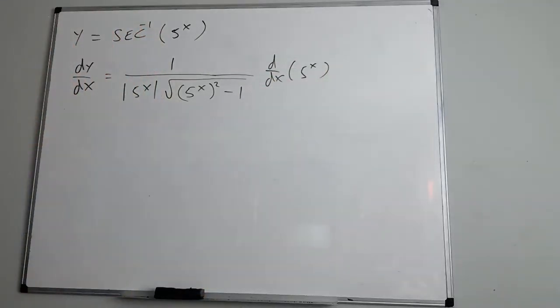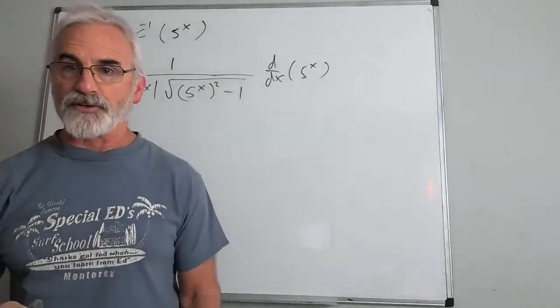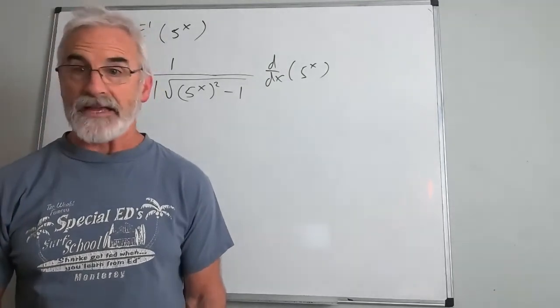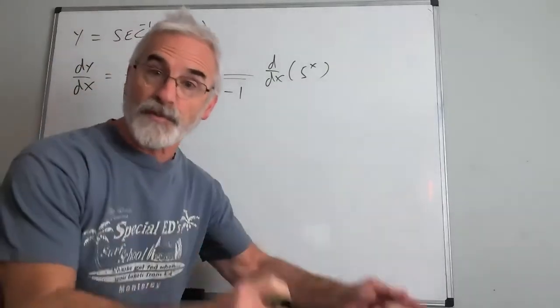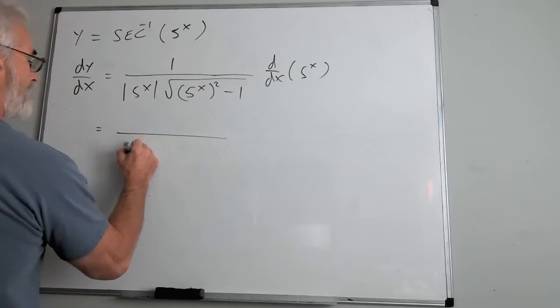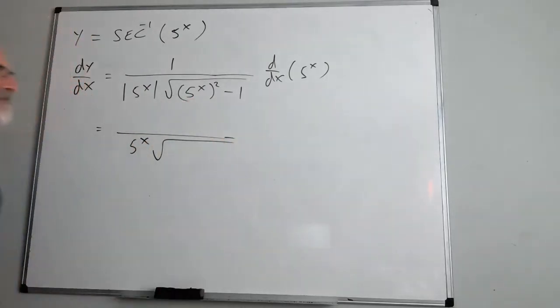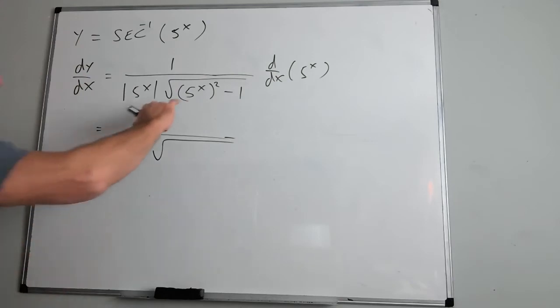Well, first thing. Absolute value of 5 to the x, that's an exponential function. That can never be negative. Therefore, at this point, I could drop the absolute value. No question. I can drop the absolute value on that one. What do I do with this one?